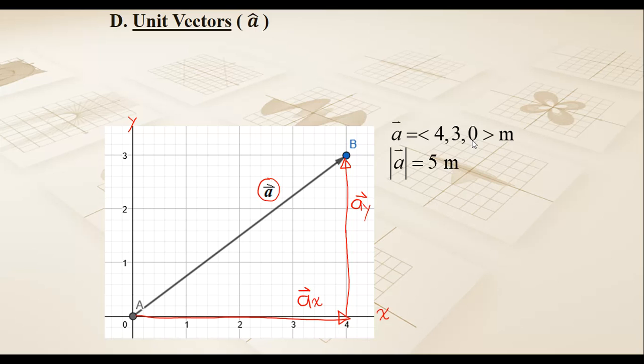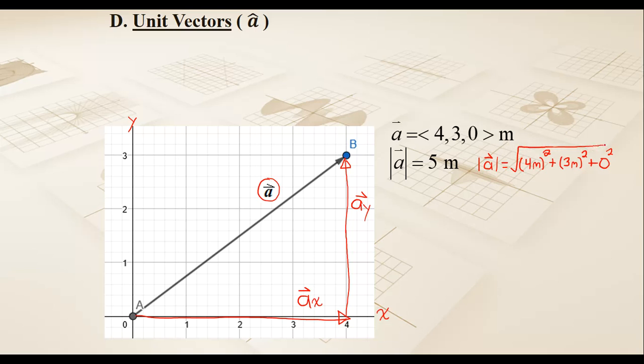Now, if you want to calculate the magnitude of this vector, the way to calculate the magnitude is you would just do the sum of the squares of every value of the ordered triple. So this would be 4 meters squared plus 3 meters squared plus 0 squared, and then take the square root.